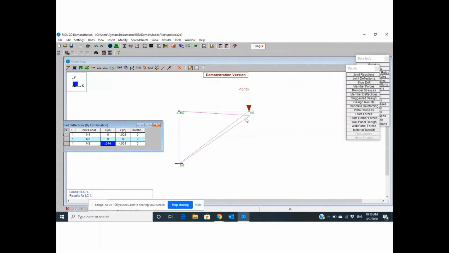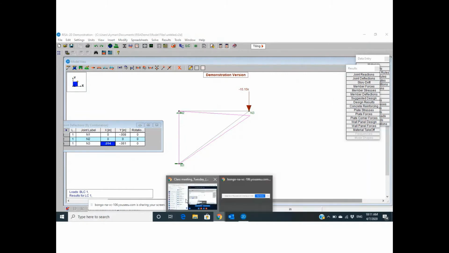Did you get the correct deformed shape? Did you get the correct answer or not? Okay. So your values from RISA must be very close to your values from hand calculation. This is the main target of this homework.